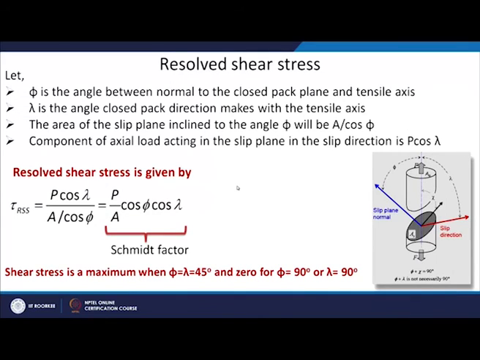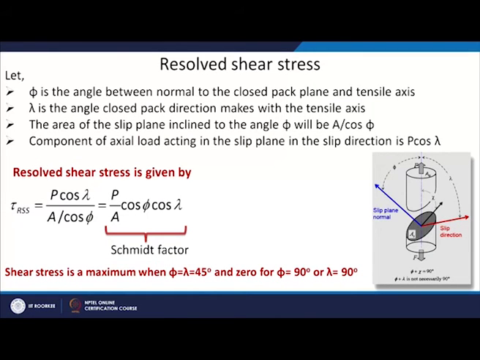Okay. So, this is what the idea is now. So, instead of that 45° which is given by the Tresca criterion, ultimately we have to see whether my close pack plane and close pack direction are lying in that particular direction or not.